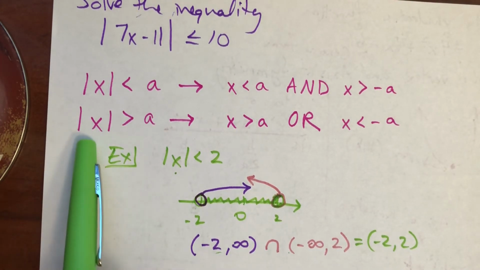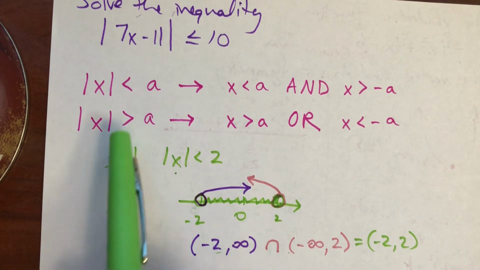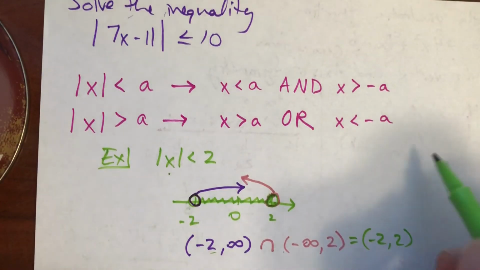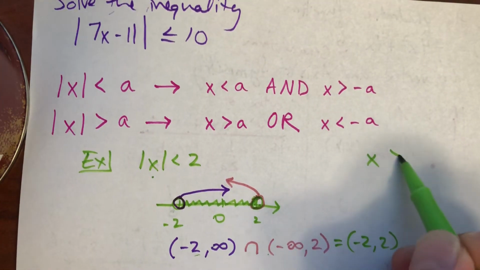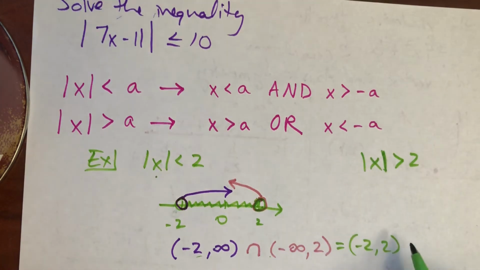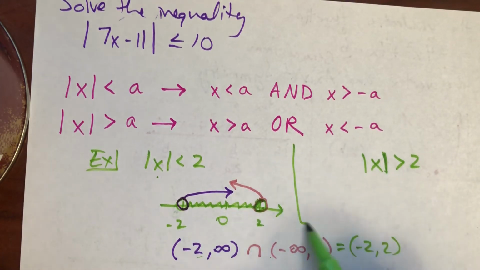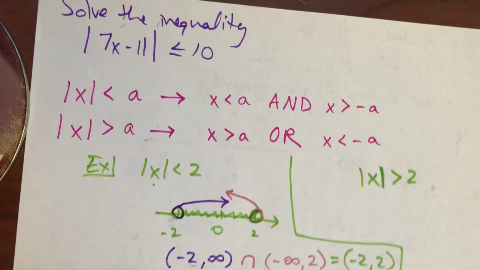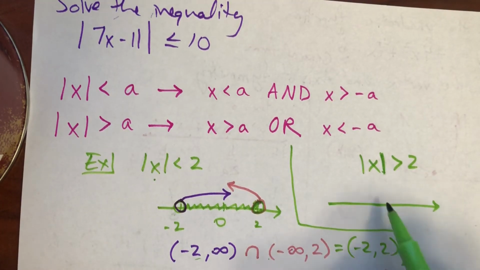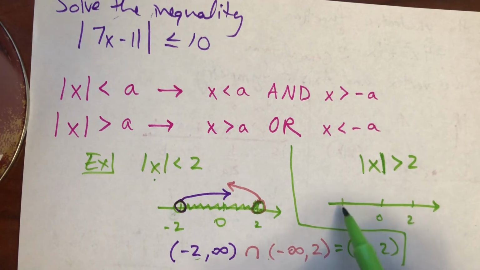Similarly, if we think about the greater than inequality, if we wanted all of our values to be greater than 2 in absolute value, then that means that we want it to be more than 2 units away, right? So here's 0, here's 2, here's -2.